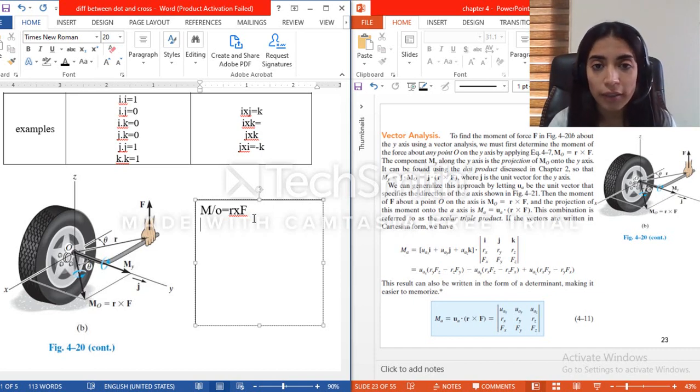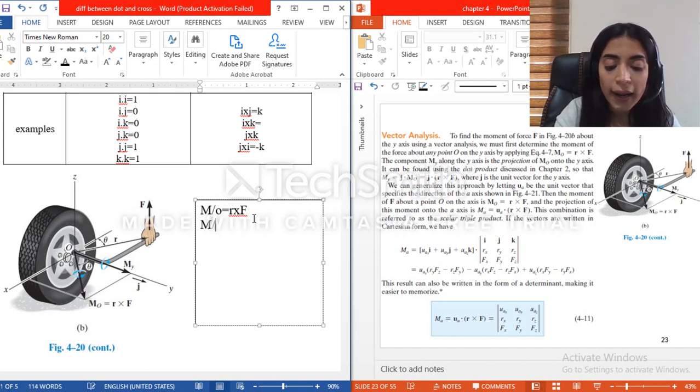So here the question is to find the moment around u, which means I need to find the projection of M around O on what? On u. So I need to find the projection of MO on u. And this will be the moment around the unit vector u.